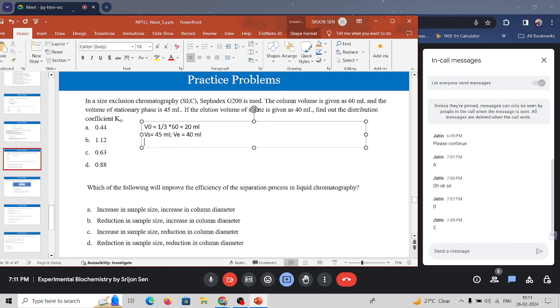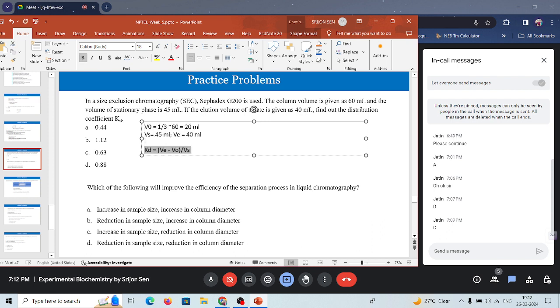So now coming to the formula. KD, that is your distribution coefficient, is VE minus V0 divided by Vs. So keep this formula in mind.